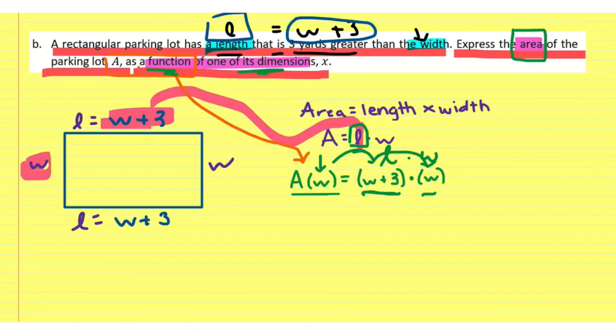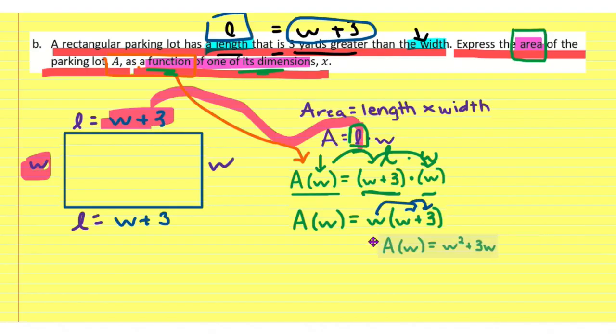Okay. So can I simplify that? Well, actually, what I'm going to do before I simplify it is just turn it around. My brain likes to use it this way and do W times everything inside the parentheses. So then I can simplify that once I've turned it around because my brain likes it better.